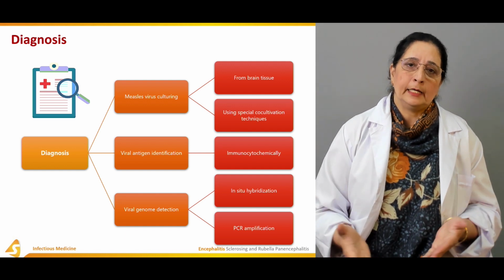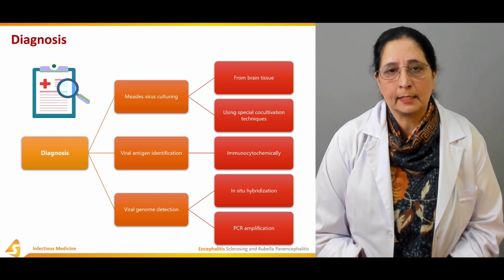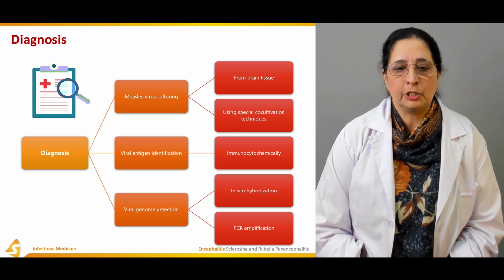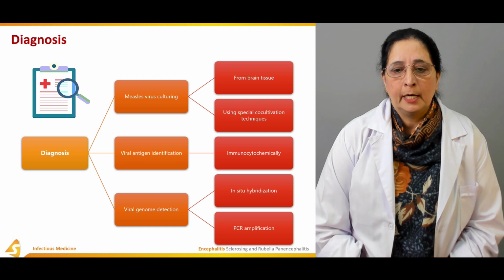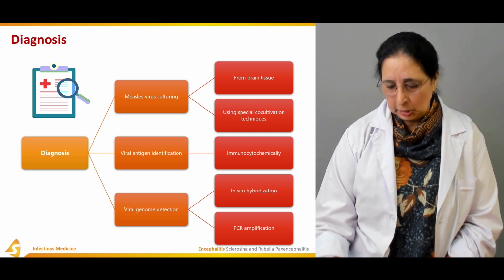So all these are again different diagnostic tests. We have measles virus culturing, viral antigen identification, viral genome detection, and then we talked about different methods of how we can do that.